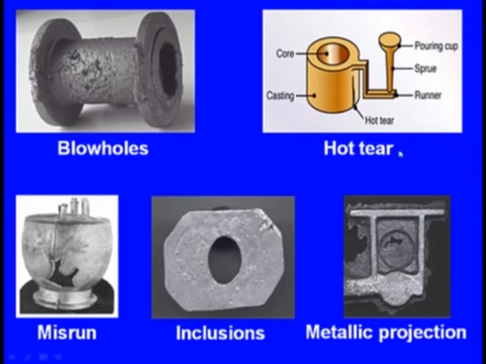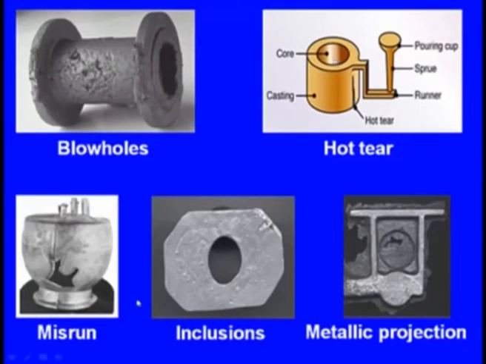Now, you can see another defect is the hot tear. Hot tear means a crack on the casting during the solidification process. There are several reasons for the hot tearing, but we are knowing that there is a hot tear. We will be learning the reasons for this and how to overcome these defects in our subsequent lectures.